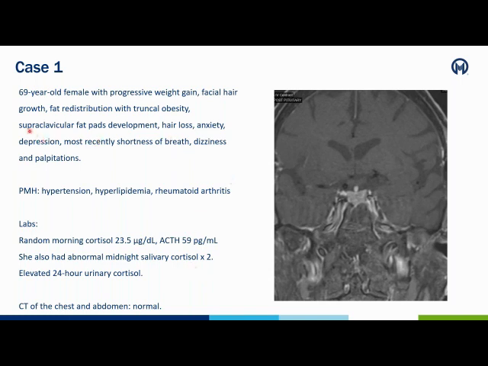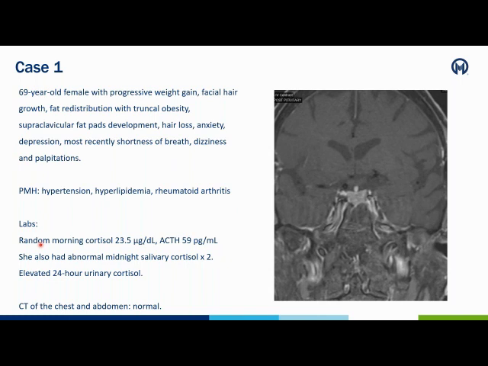I want to highlight that a lot of these are also seen in pseudo-Cushing and or physiological Cushing cases. She did have a past medical history of hypertension, hyperlipidemia, and rheumatoid arthritis.